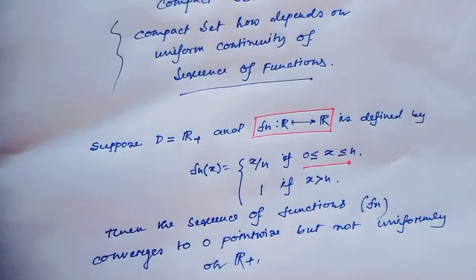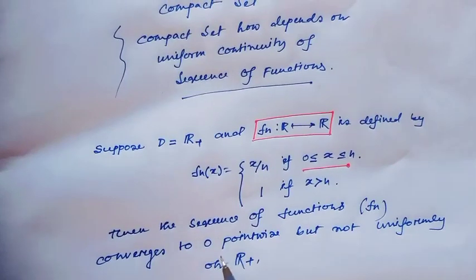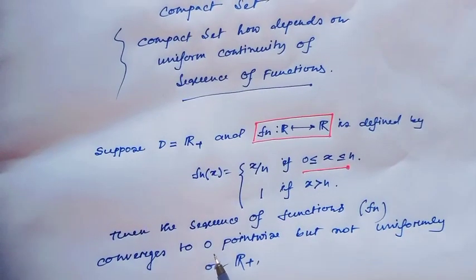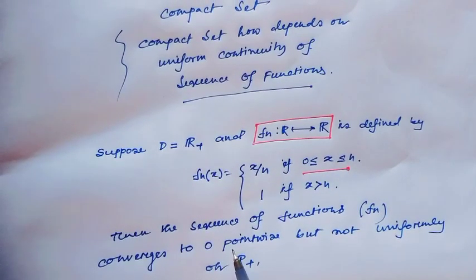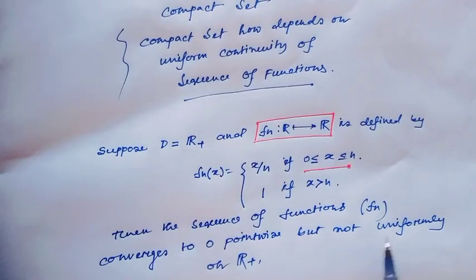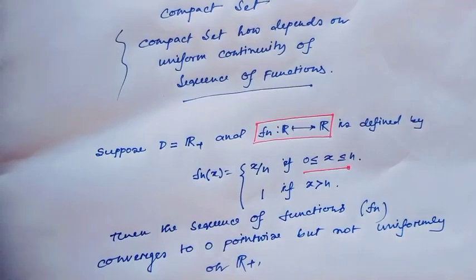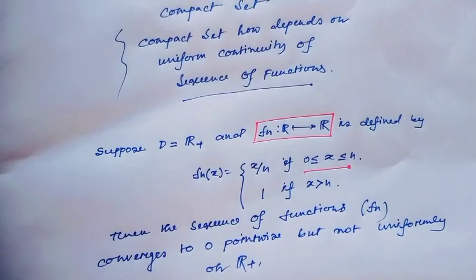Then the sequence of functions f_n converges pointwise to the function f(x) equal to 0, but this convergence is not uniform. Here R plus means the positive real numbers.